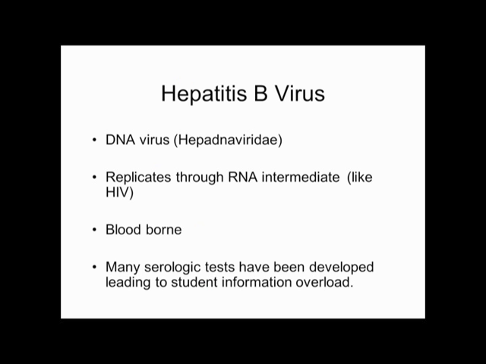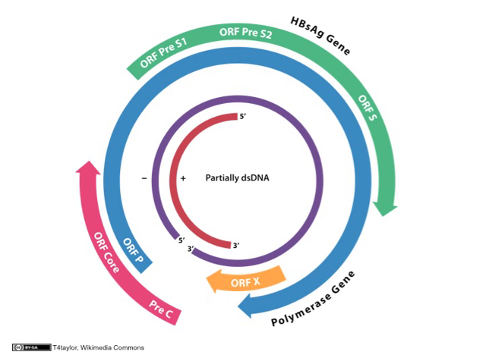It is blood-borne, sexually transmitted also. A ton of serologic tests have been developed over the years, which leads to information overload for all of you. And we will try our best to work your way through it. So this is a complicated virus. It's got a surface coat. It's got a nucleocapsid with core proteins that also bind to its partially double-stranded DNA.